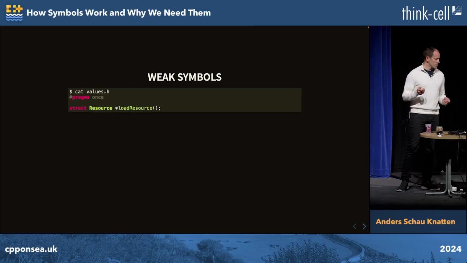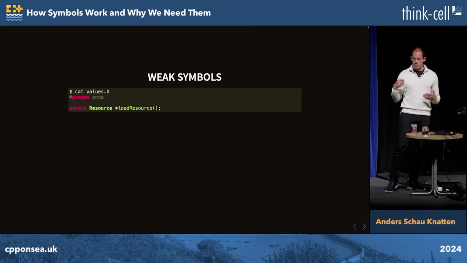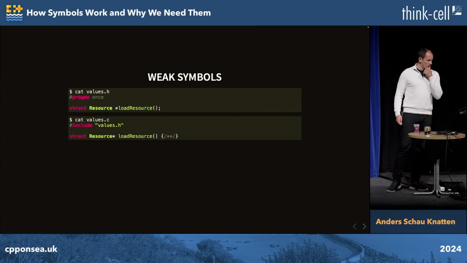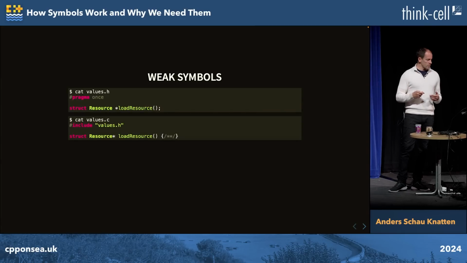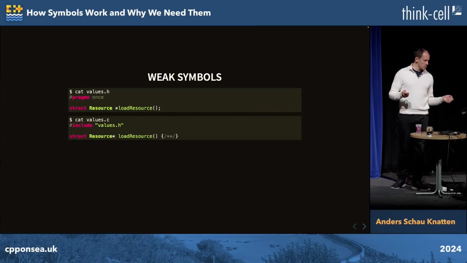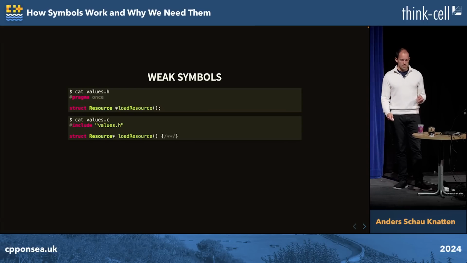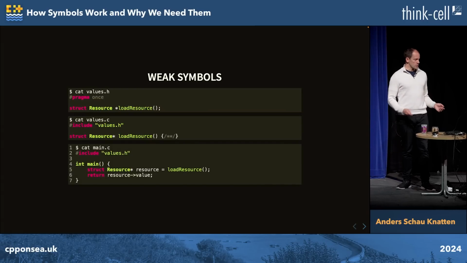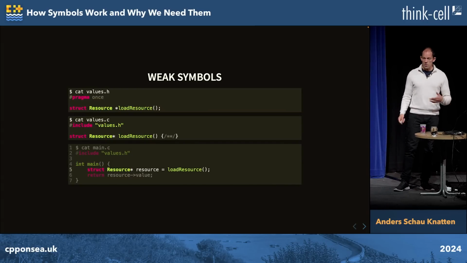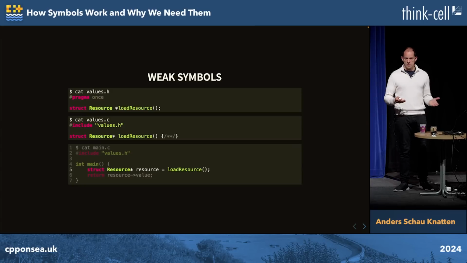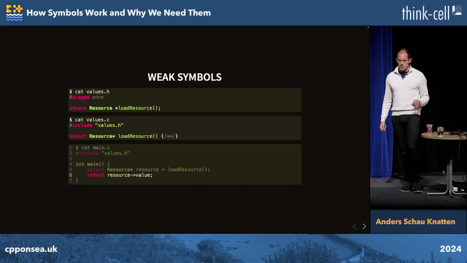So I declare here a load resource function in the header for my library. And somewhere in the implementation of my library, I have a definition for load resource, which gives me a resource pointer. And then my users can call the load resource function to get the resource struct, and then get the value from the resource.